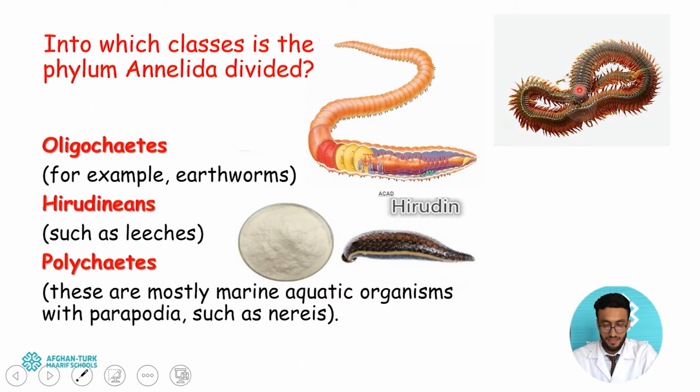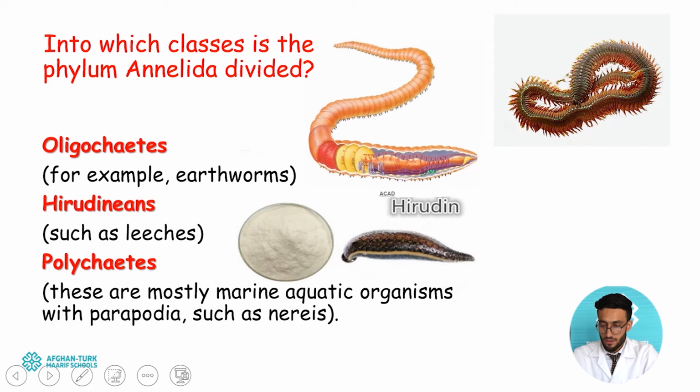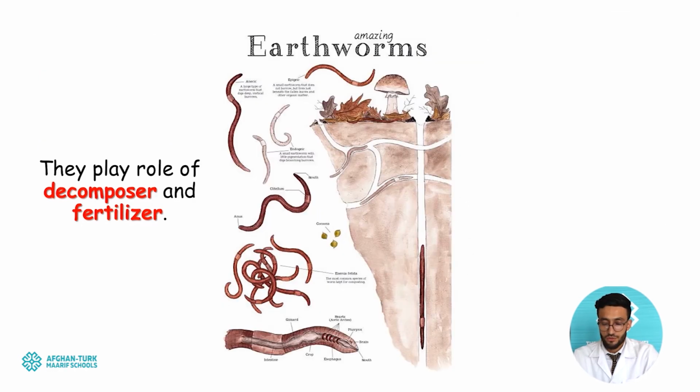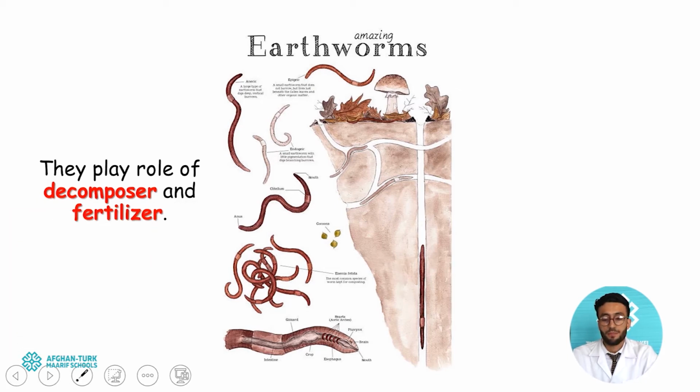So polychaetes are those animals that live in an aquatic environment and whose body is made up of parapodia. Mainly they use these structures in locomotion or sensation. But what is the exact effect of these animals in ecology? Or what is the ecological niche of the annelids?